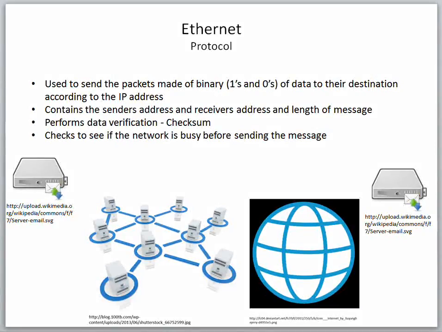We have the Ethernet protocol. This is used to send the packets of data, made of binary, ones and zeros, to their destination according to the IP address. We discussed earlier how the packets which contain binary are like rice.